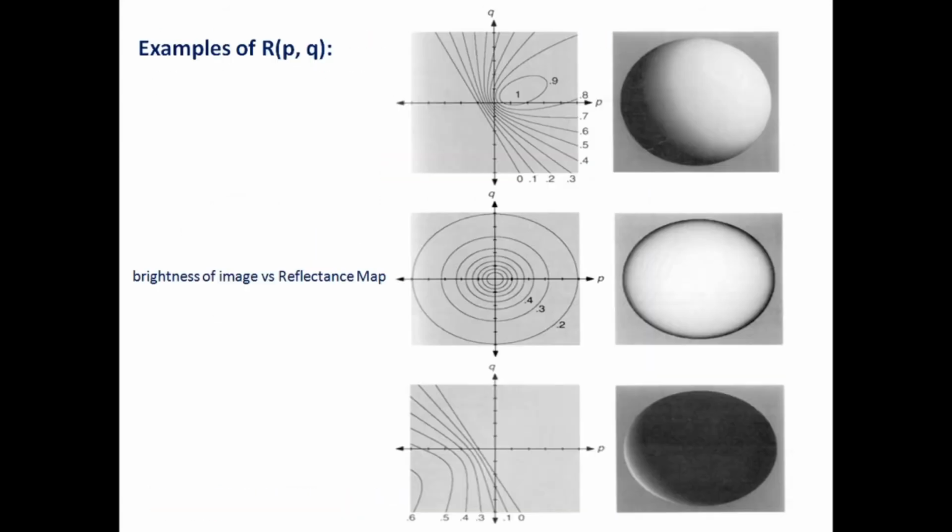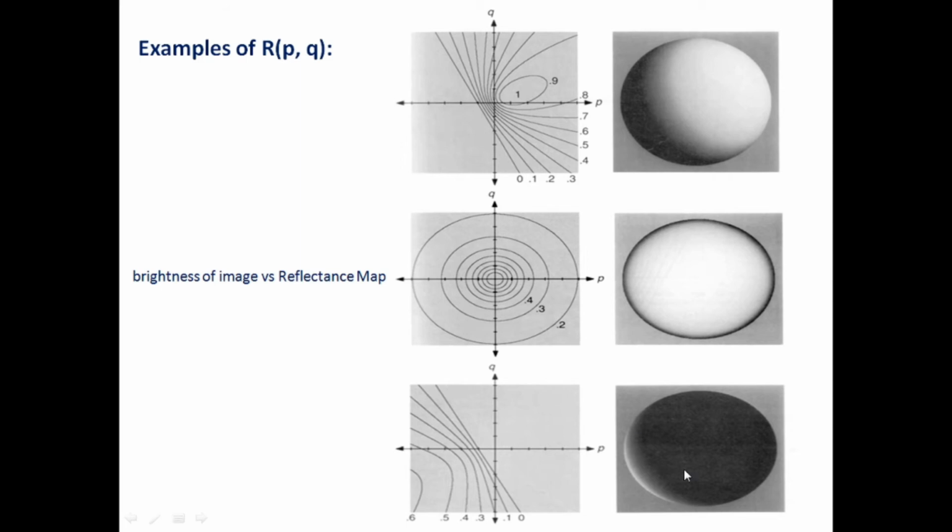In the first sphere, the majority is in the white section or lighter space, so the iso contours are found towards this direction, that is towards the positive first quadrant of your pq gradient space, because more iso contour lines will be found here itself.